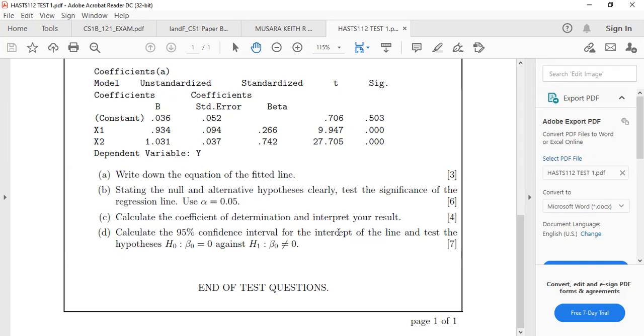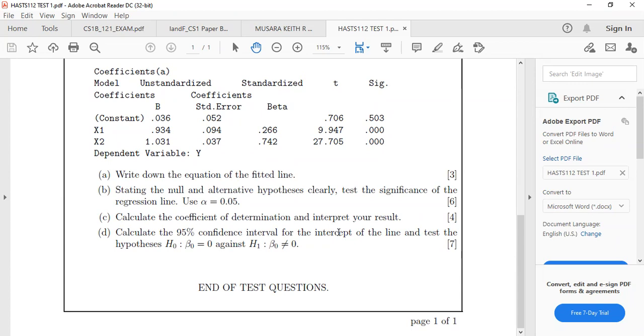Don't you think so? S squared should be inside the square root sign. Yeah, it's not inside the brackets, but it's inside the square root sign.